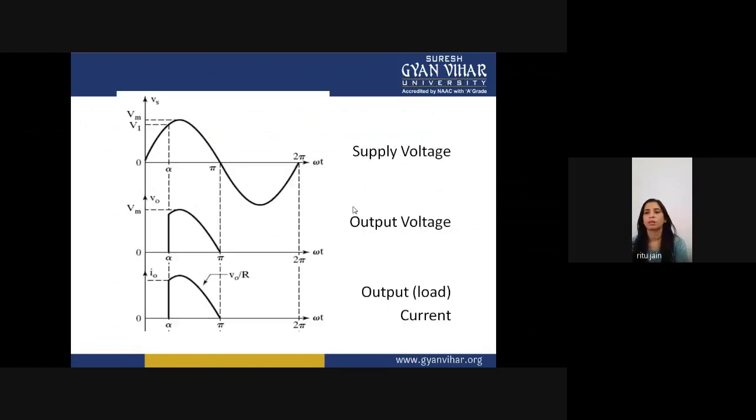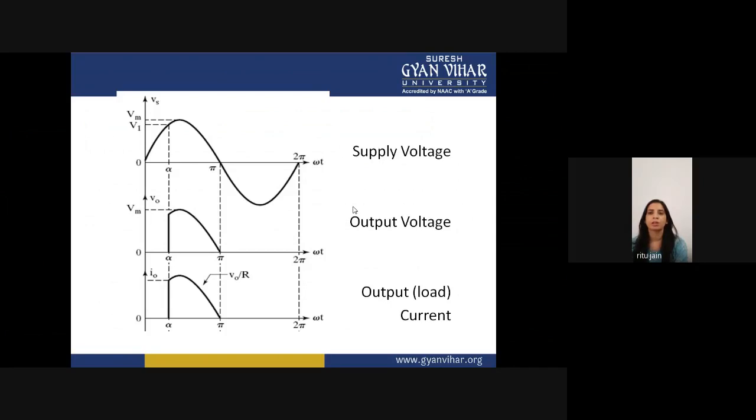Now, this is your supply voltage and you are getting the output voltage. You can see from the waveform that the input voltage is an AC voltage. The positive half cycle is from 0 to pi, and Vm is the maximum voltage of your input voltage.